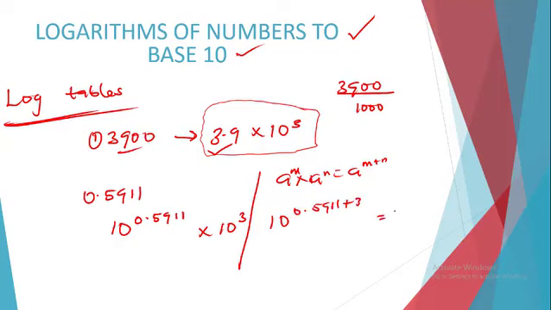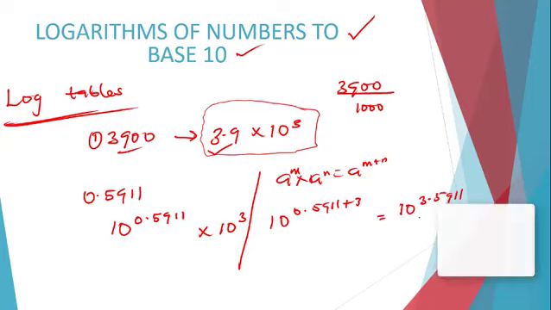Okay, and then that will give us 10 raised to power 3.5911. Therefore it means that we have log 3900 in base 10 to be equal to what? 3.5911.